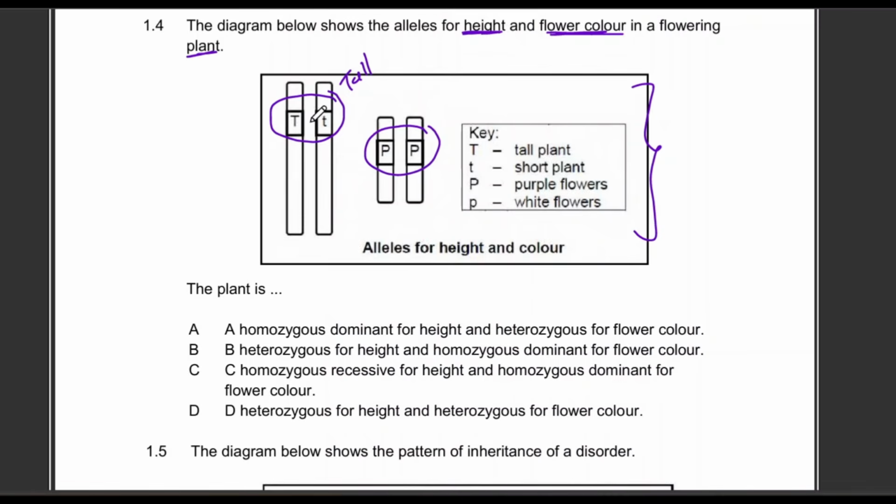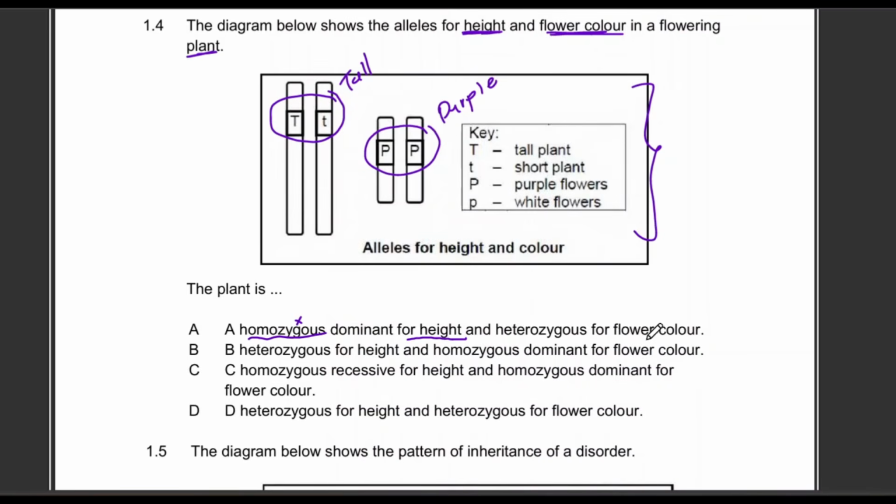It's actually tall and purple in color based on the alleles information that we are given. So the plant is homozygous dominant for height. Definitely it's not homozygous dominant, it's heterozygous. We can see we're having an allele for tall height and an allele for short height. So these are different alleles, so it's definitely heterozygous.